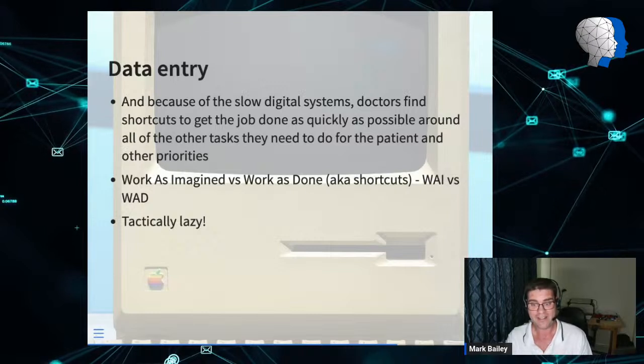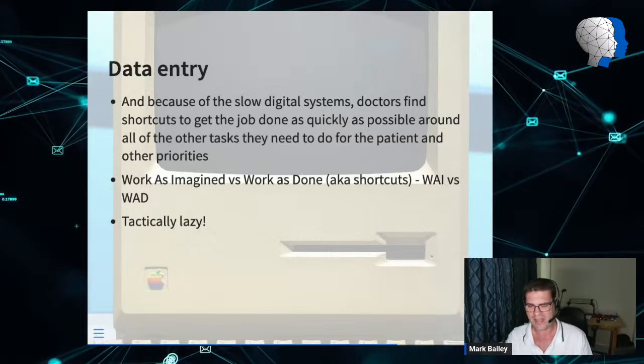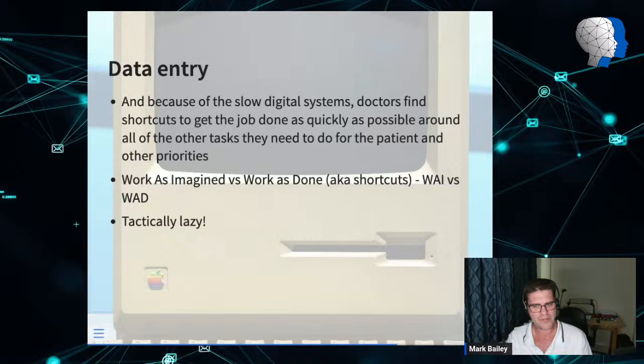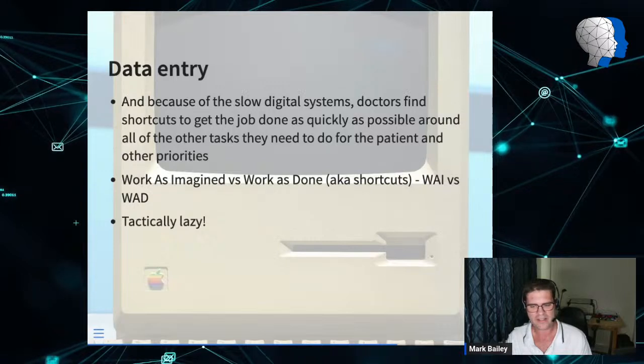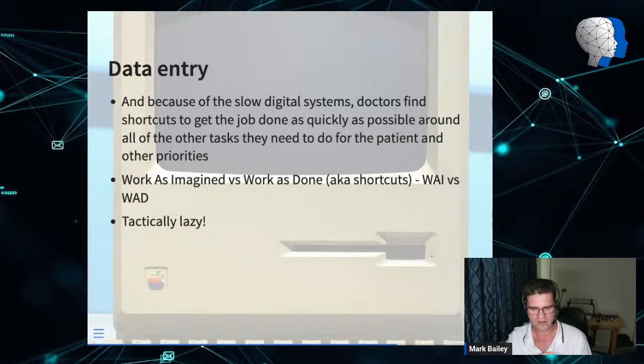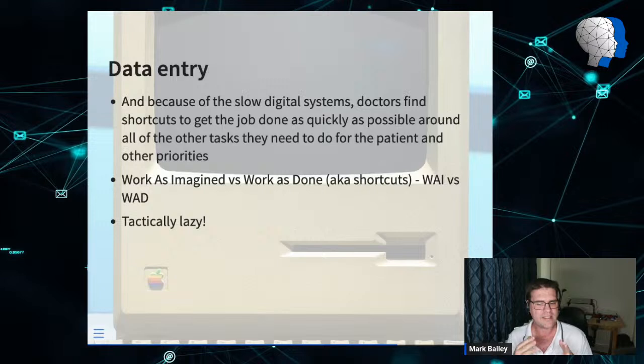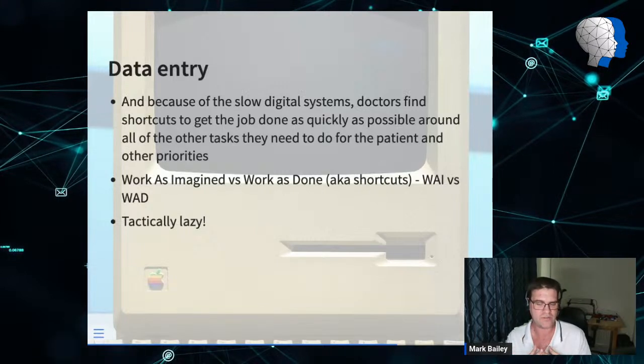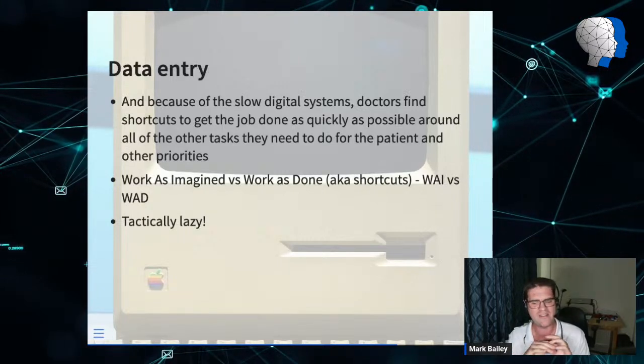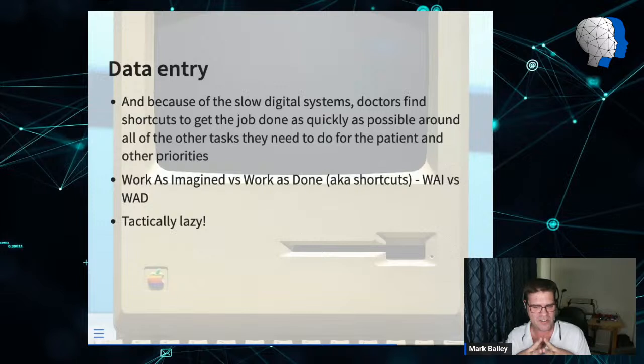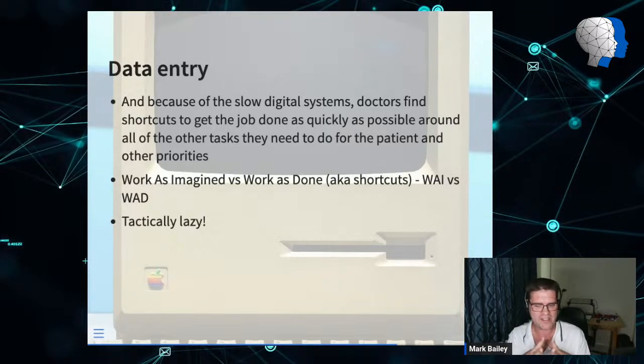So there's this idea of tactical laziness. You can read about it quite a lot online, where I think in some ways that's a very good way to describe this, that doctors are tactically lazy. We find the easiest way to do something because we have so much to do. So not overall lazy, but for each task, we try and find the easiest way to do things.